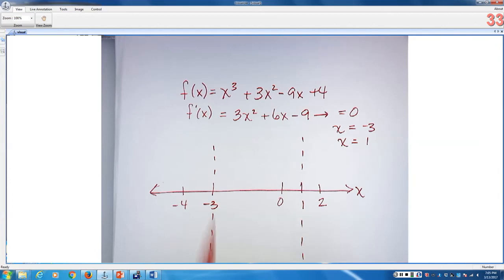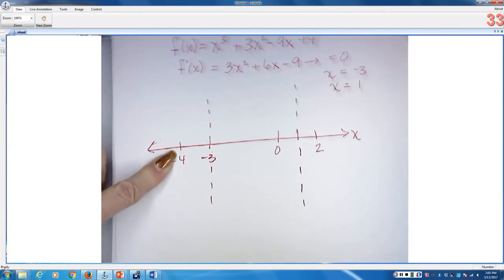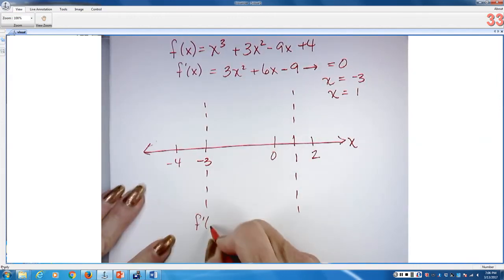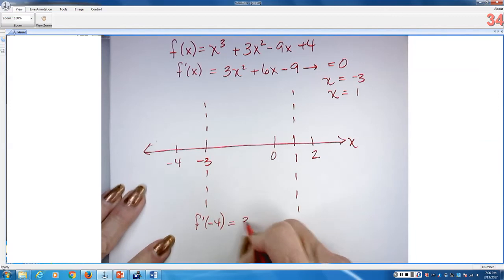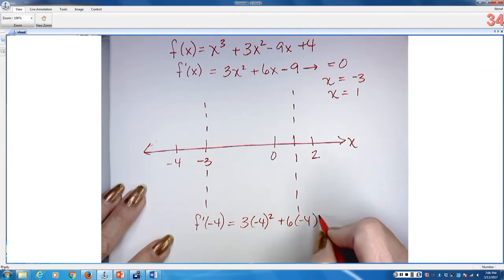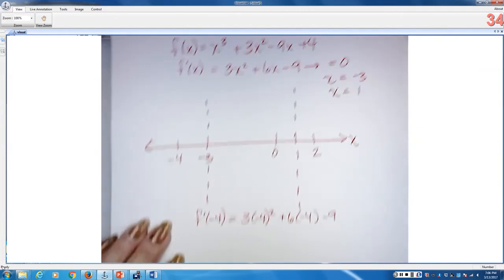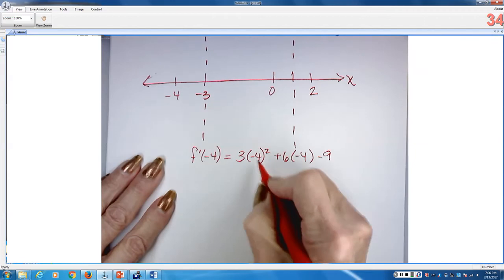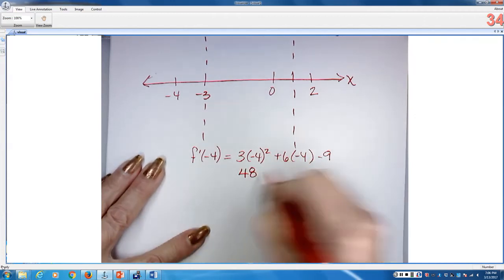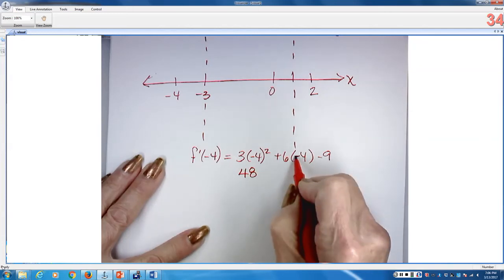And I want to know what is happening to the slope before and after -3. So in order to find out what it is before -3, I'm going to take f prime of -4. So f prime of -4 is -4 squared is 16, and 3 times 16 is 48. 6 times 4 is 24, and it's going to be negative because the 4 is negative.